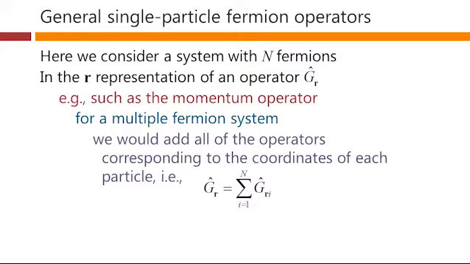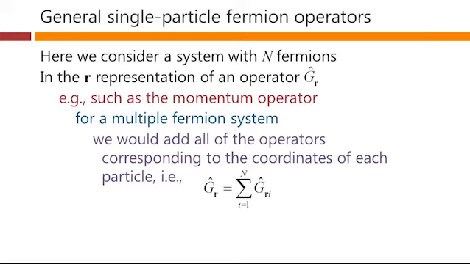So if we had capital N different particles, and each of them had some set of coordinates, r_i, for the ith particle in this list, we would have a separate operator if we're talking about a single particle operator, as we're talking about here. To get the operator for the entire set, we would simply add up all of these single particle operators.